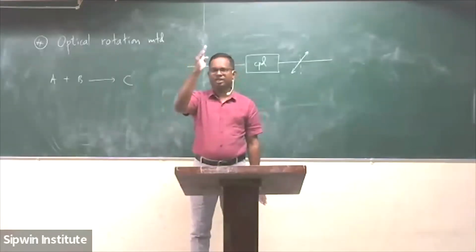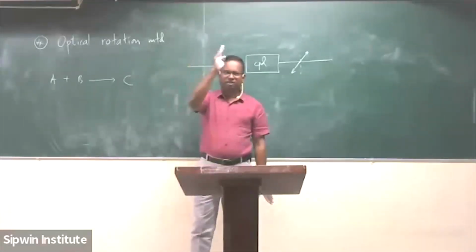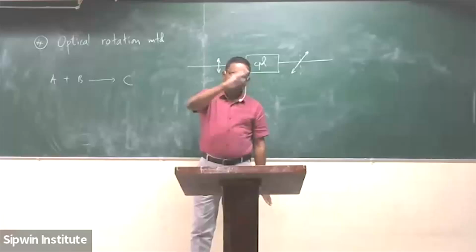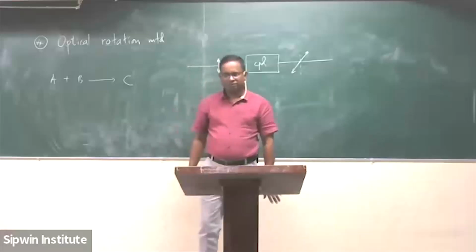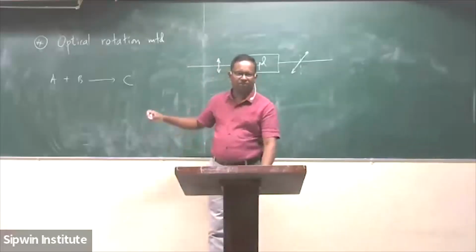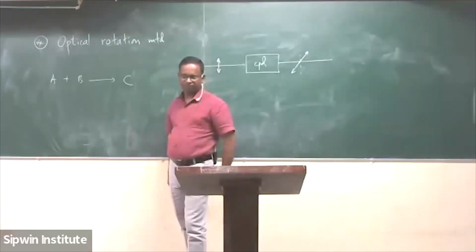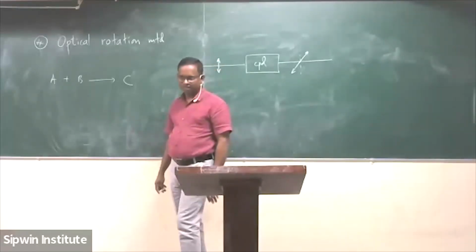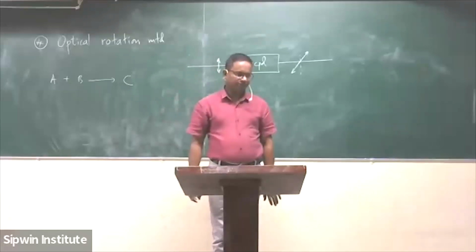Say, when forming this one, it changed to the right, clockwise direction. How much change? This much. Further change when forming this one. So instead of measuring the concentration of C, we measure the optical rotation. Like that way, you can have an idea about the rate of the reaction.